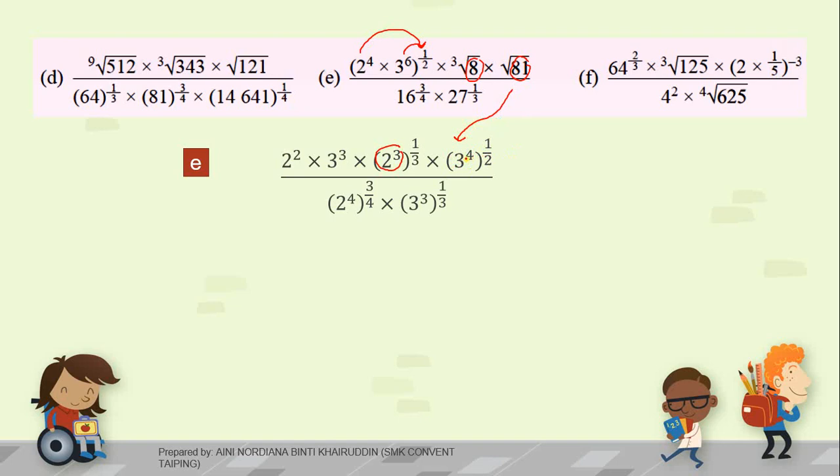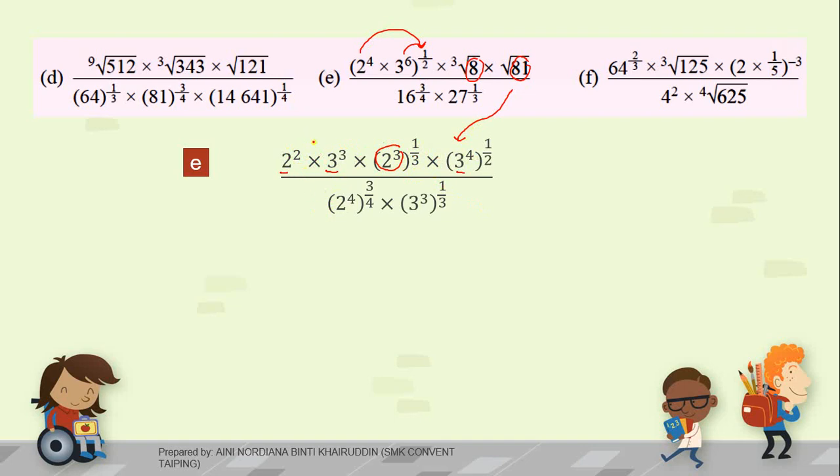Okay, this one, look at the other base. You have to choose the base the same as the other, so that it's easier for you to add the powers.